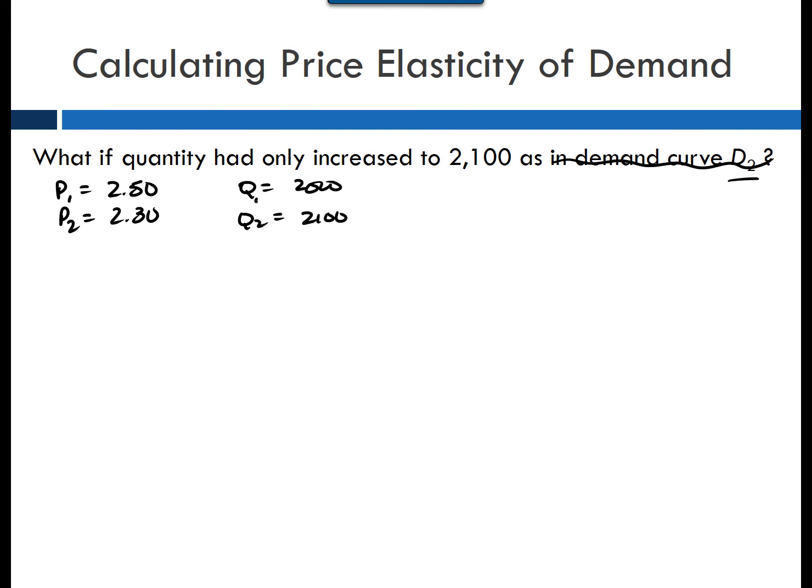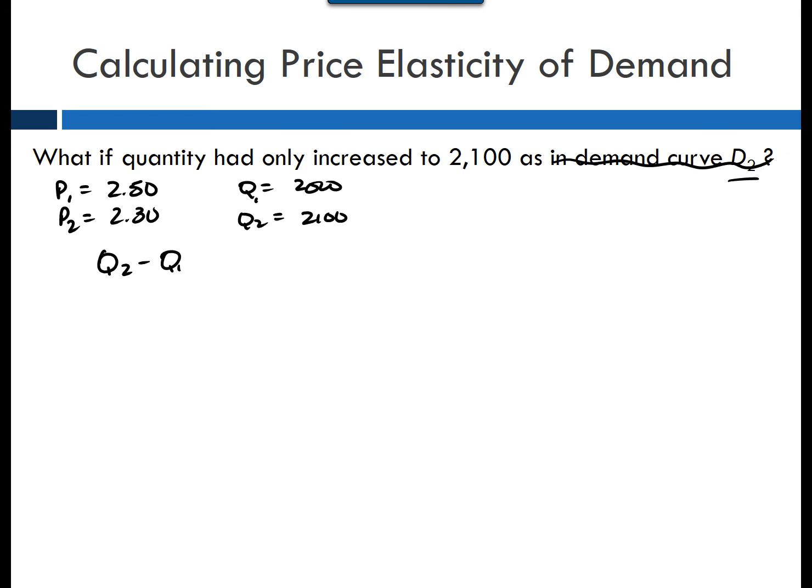So we just do the exact same formula that we did before. Actually, the change in price is going to be the same as what we calculated before, but we'll just do the whole thing just for fun. So our formula is Q2 minus Q1.